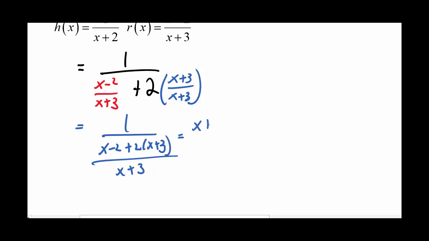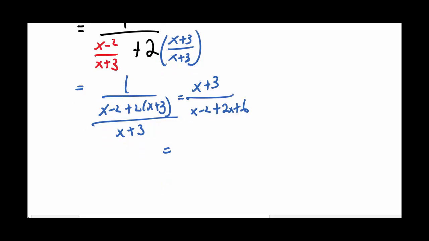And so that will put the x plus 3 up top. And I get x minus 2 plus 2x plus 6. Alright, so x plus 3, 3x plus 4. Okay, so that's my composed function.